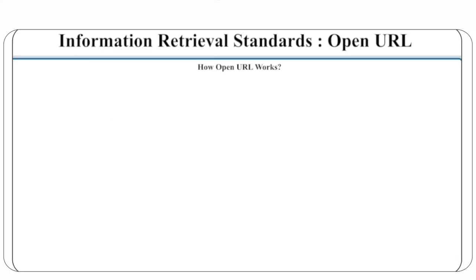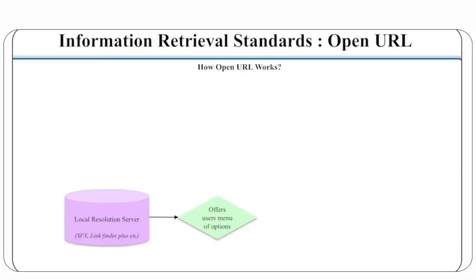Let us try to understand the working of OpenURL by this graphical representation. For OpenURL to work, a library is required to set up a resolution server with information on full text journals accessible to the library with their link, as well as how to link to local print holdings and other local services.